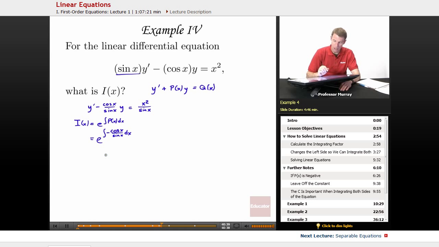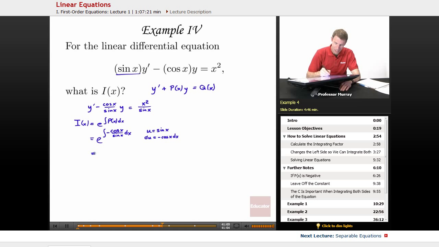And to solve that integral, of course I could think of that as cotangent of x, but I don't think that's particularly useful here. So what I'm going to do is a little substitution. I'm going to use u equals sine x. U equals sine x. And so du is negative cosine x dx.